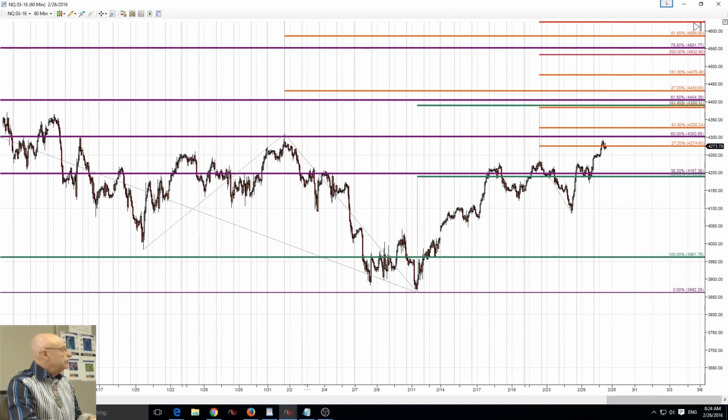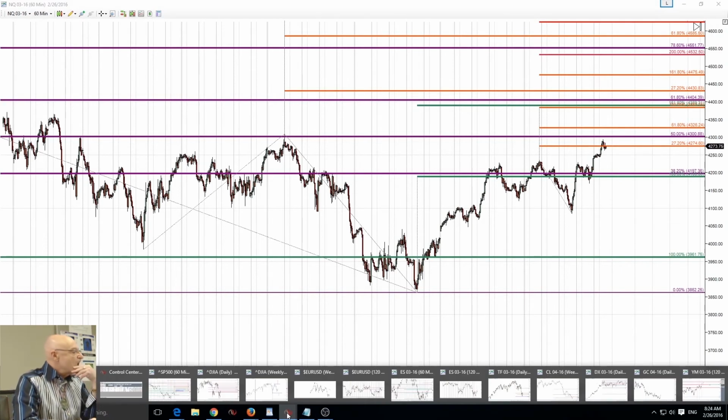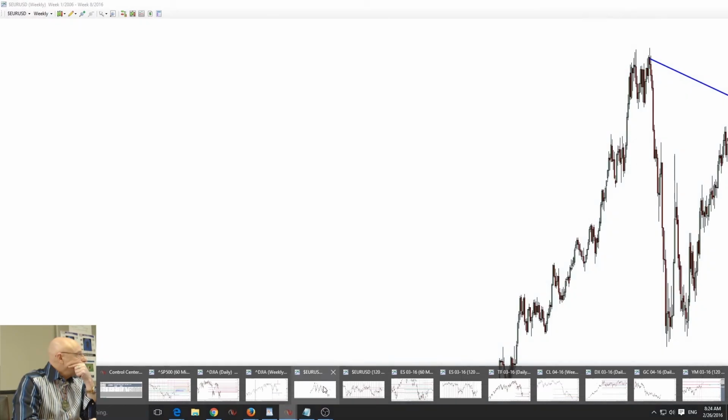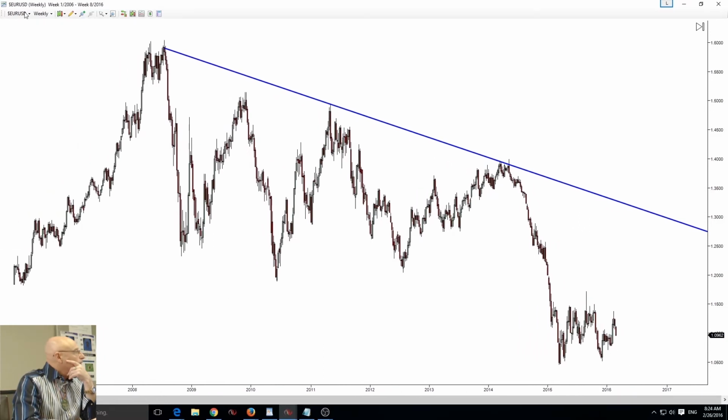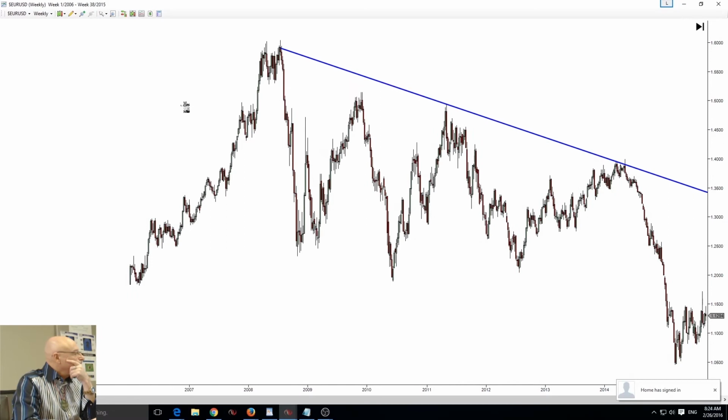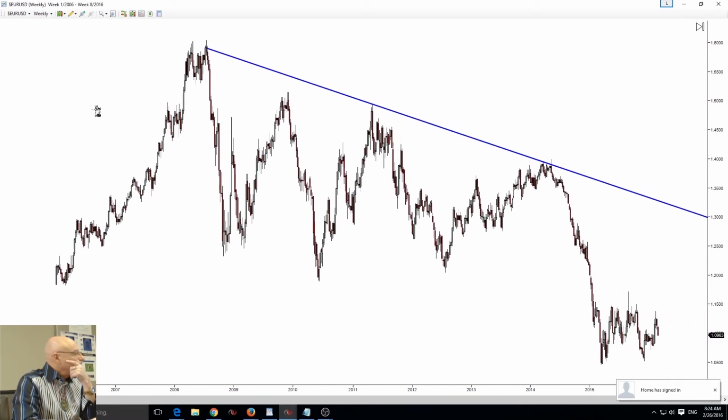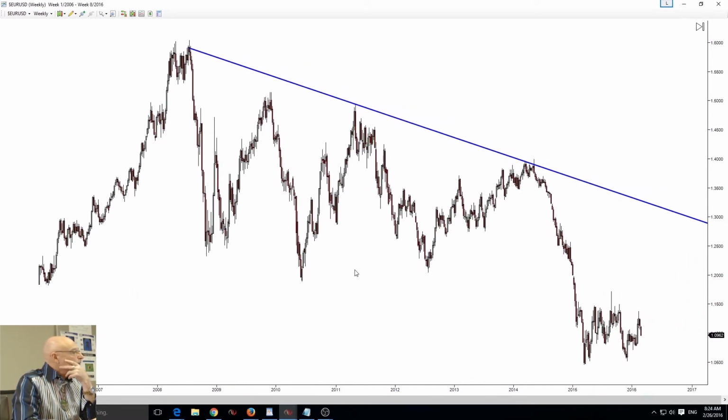Okay, so let's leave NQ and let's go to Euro weekly chart. Euro versus USD Forex, as you see here, and it's a weekly chart.